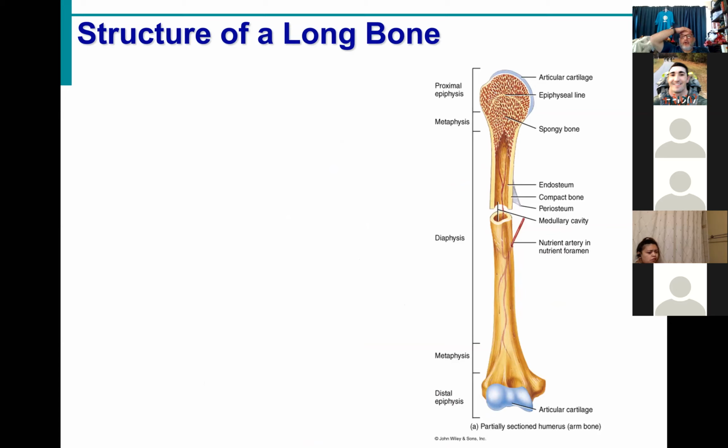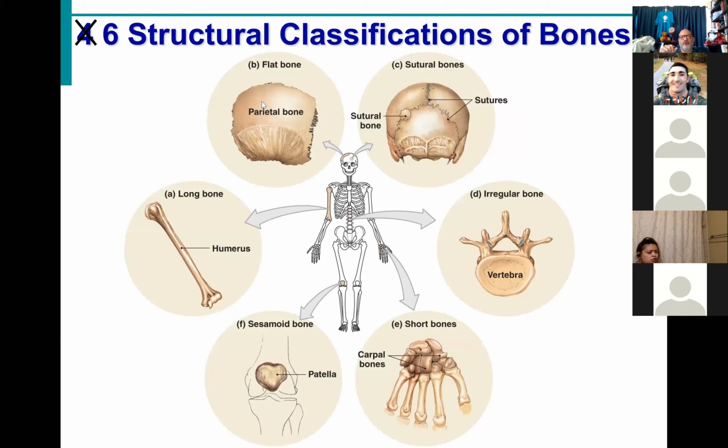So we'll go ahead and take our next break at this point because we are now going to talk more about the specific anatomy of these specific types. Here are the structural classifications, but obviously they have specific anatomy that is different from each other. In particular, we are going to talk about the specific anatomy of the long bones.